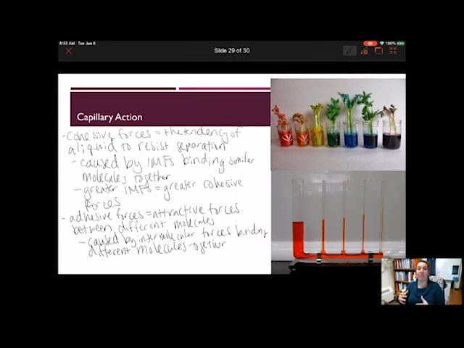And then our capillary action is the interplay between those cohesive and adhesive forces.